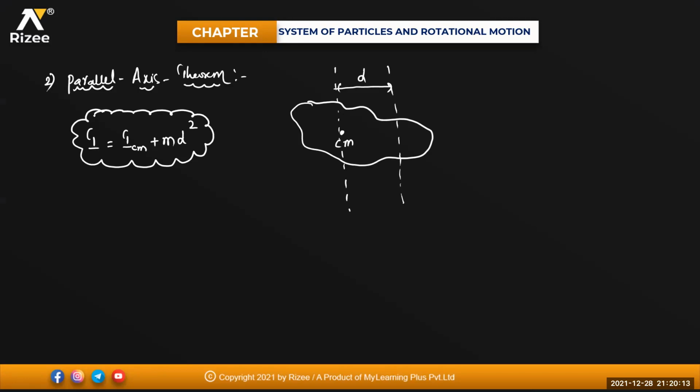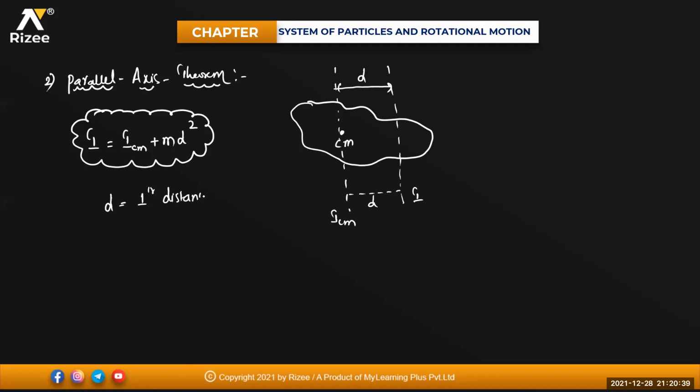ICM is the moment of inertia of the body about the center of mass. I is the moment of inertia of the body about the parallel axis. Distance between them is nothing but d. M is the total mass of the body and d is the perpendicular distance between the two parallel axes.